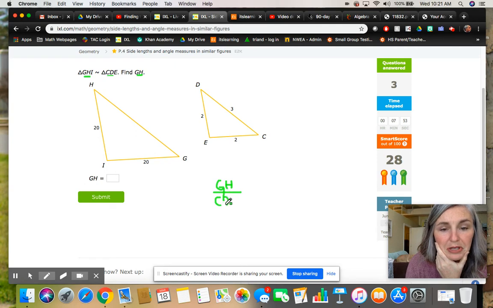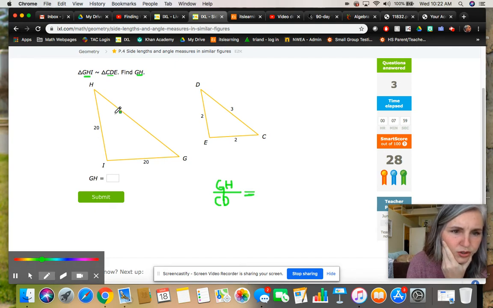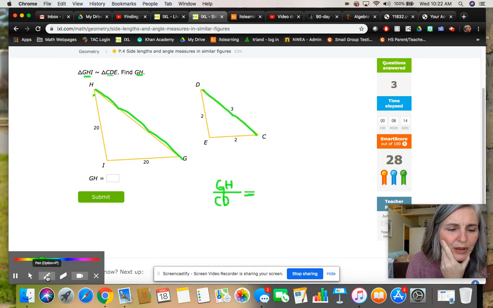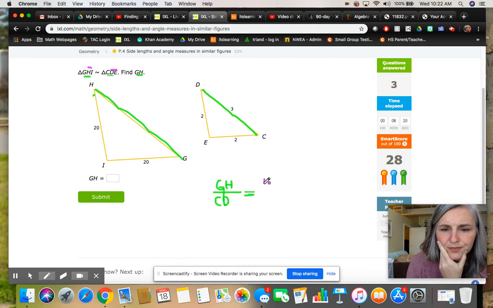Then I can just pick any other two. GH is this unknown side, this long side, is equal to CD, which I think is probably pretty obvious. And then I'm going to pick any two other lines, so maybe HI and DE.